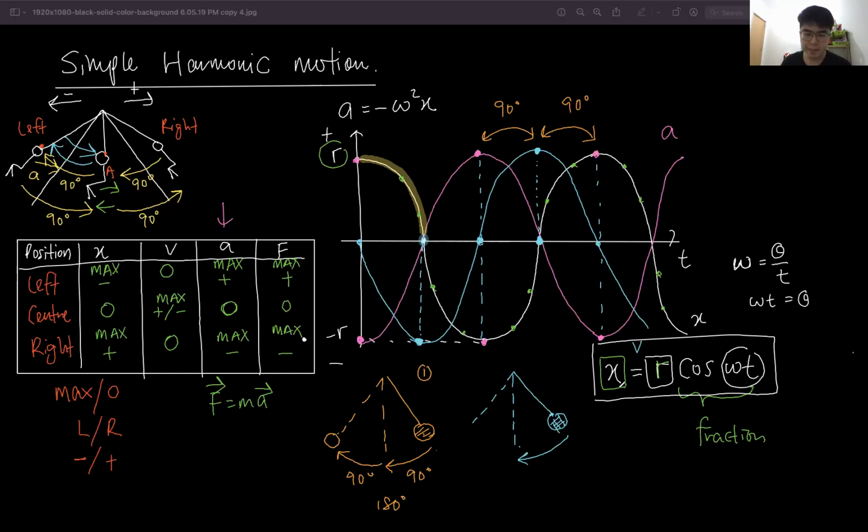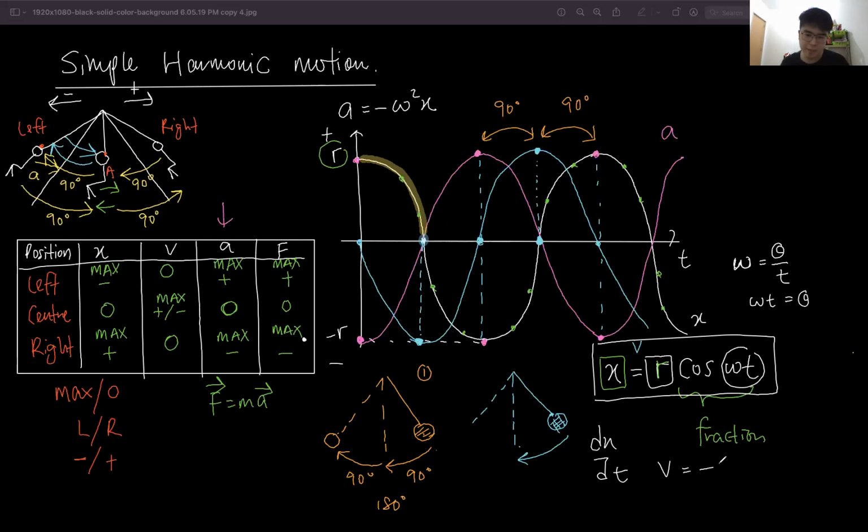And then the velocity, we can get it by differentiating this equation. If you don't like how I explained just now and you want the mathematical proof, sure, then you differentiate this one. dx/dt, you get v equals, cos becomes minus sine.